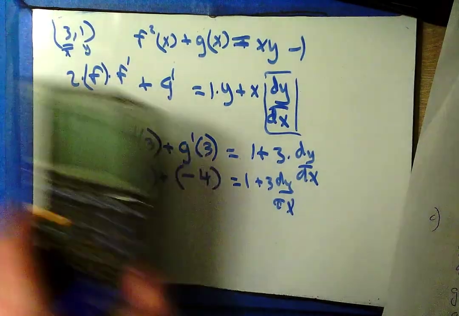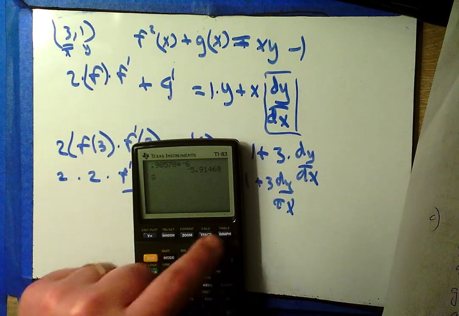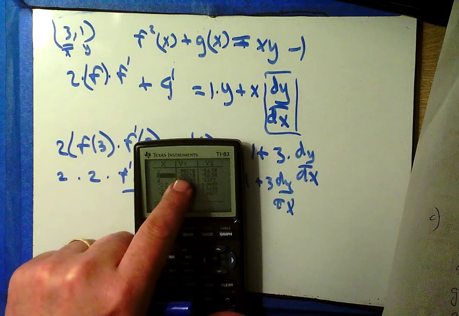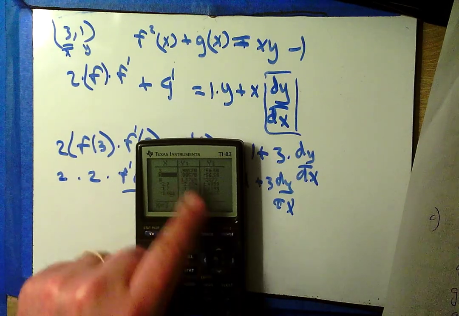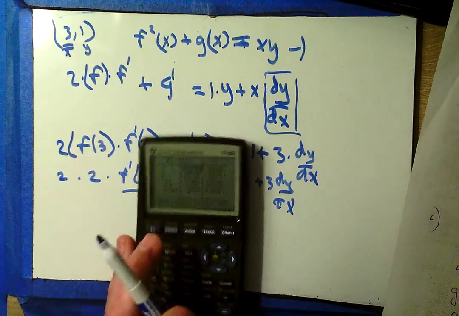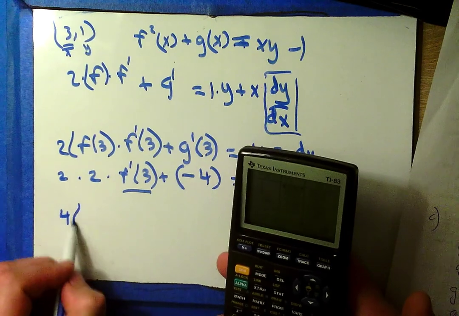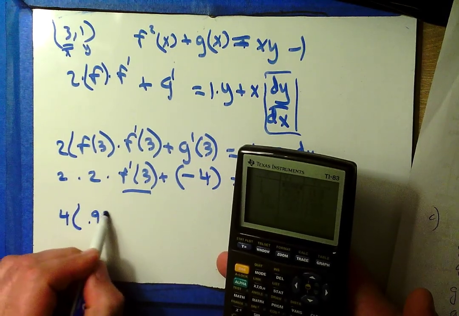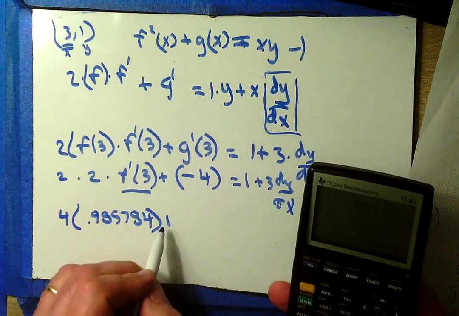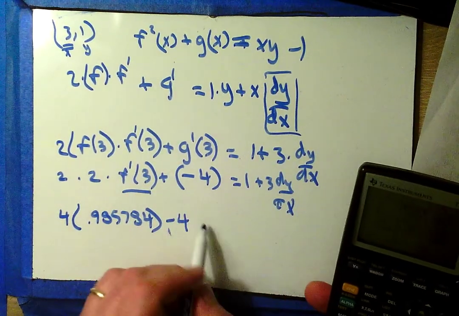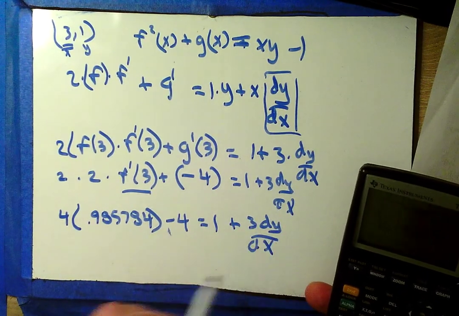F prime of 3, I think f prime of 3 was this thing we found before. Here's 3, here's f prime, here's f double prime. So f prime of 3 is 0.9857884, times 4, minus 4 equals 1 plus 3 dy dx.